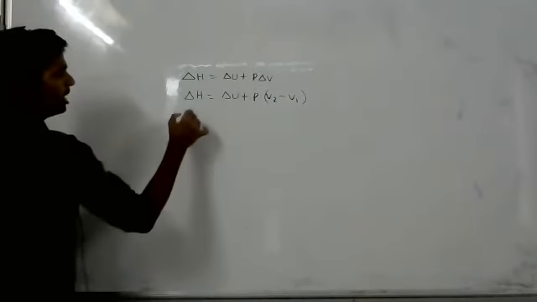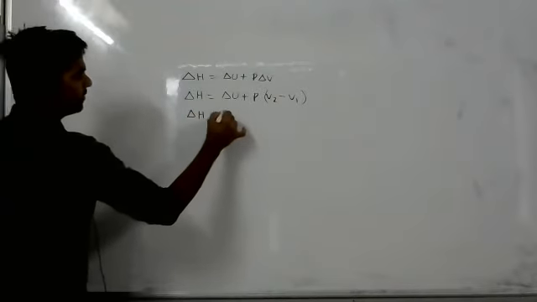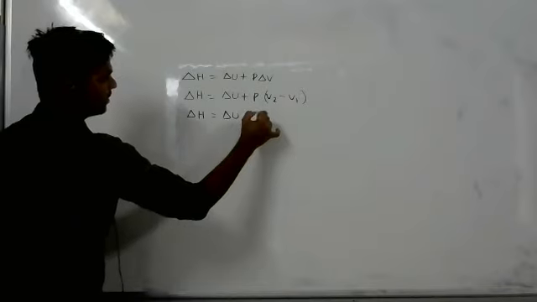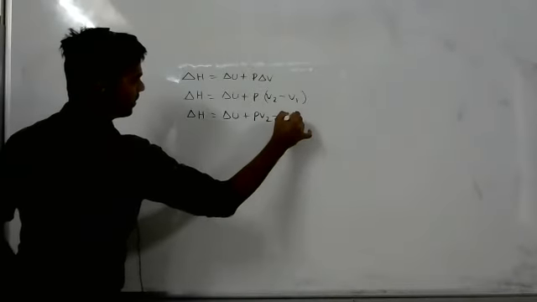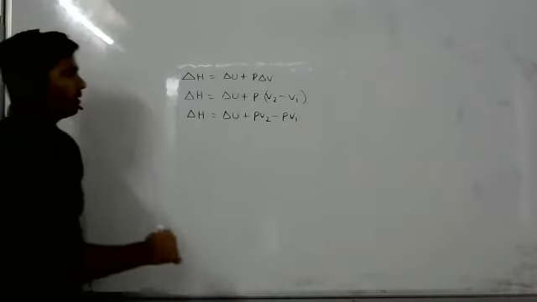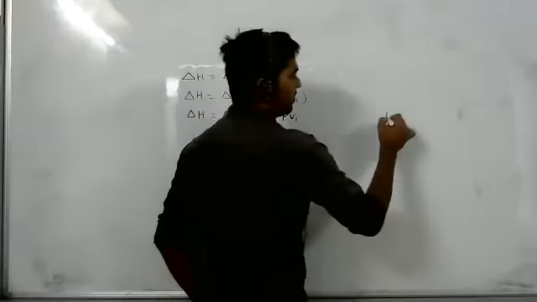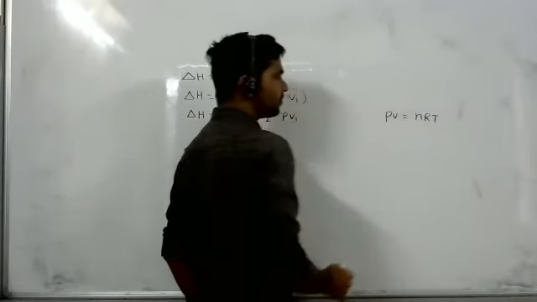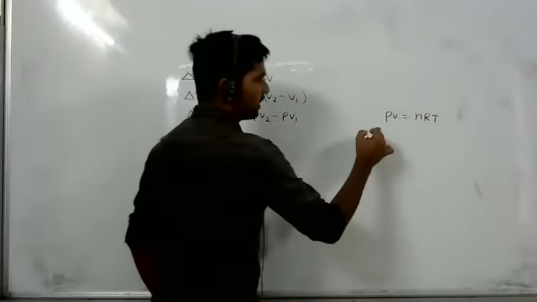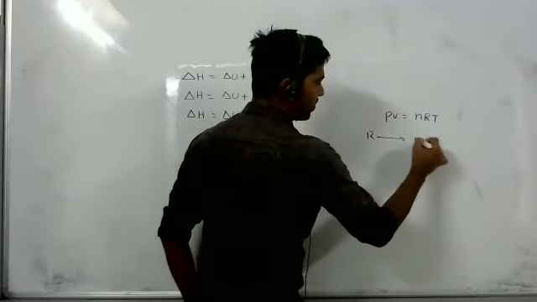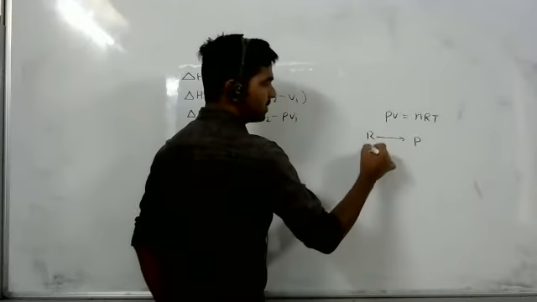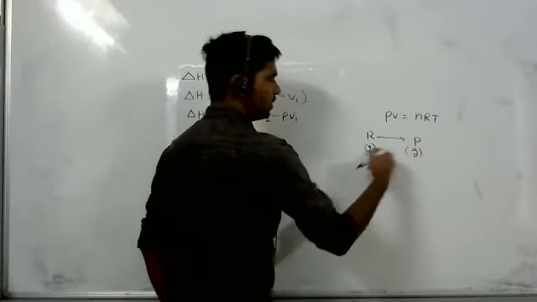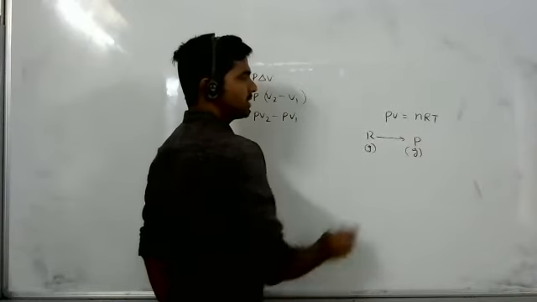Then delta H is equal to delta U plus PV2 minus PV1. We know the ideal gas equation PV is equal to nRT. Suppose a chemical reaction is going on, reactant is converting into product. Suppose the reaction is taking place in the full gaseous phase, so reactant also gaseous, product also gaseous.